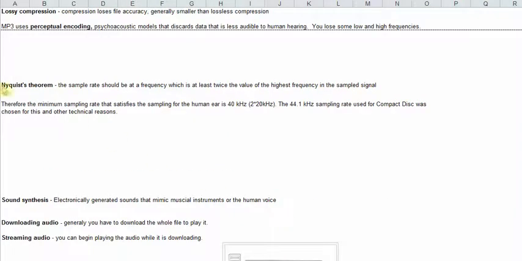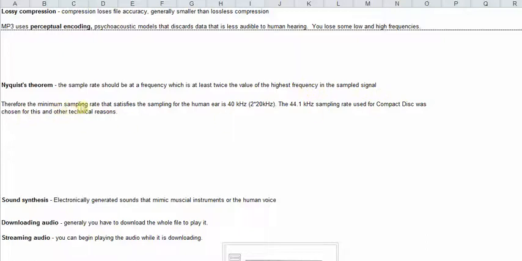You should be familiar with Nyquist's theorem, which helps us to understand what sample rate we should use. Nyquist theorized that the sample rate should be at a frequency which is at least twice the value of the highest frequency in the sampled signal.